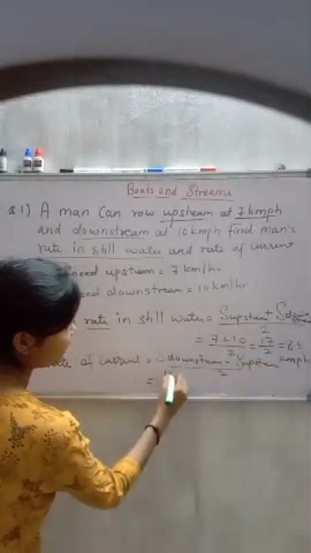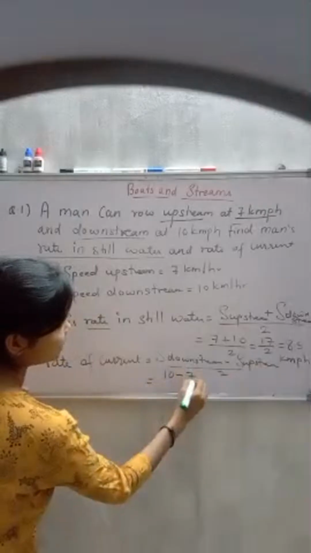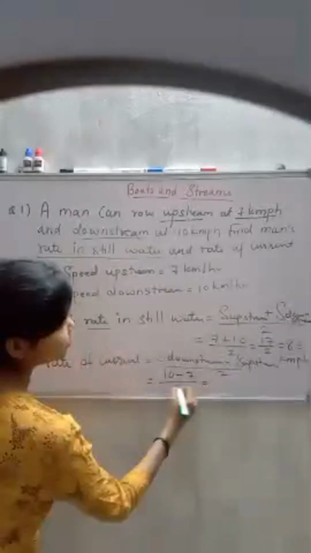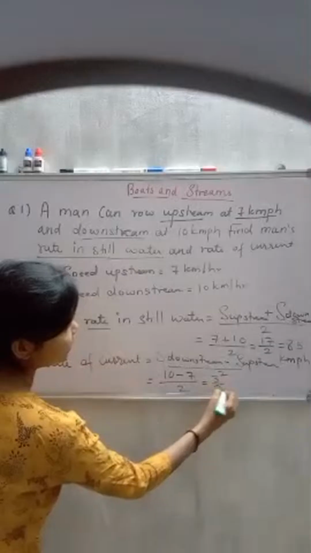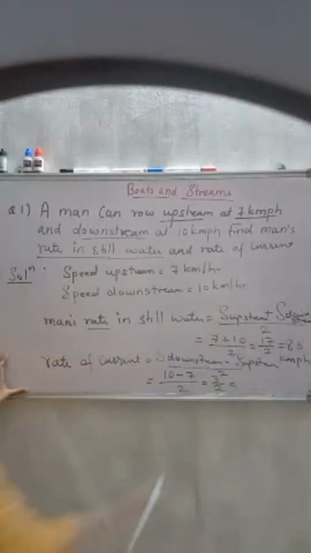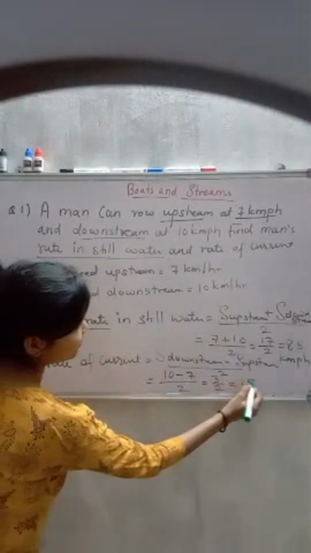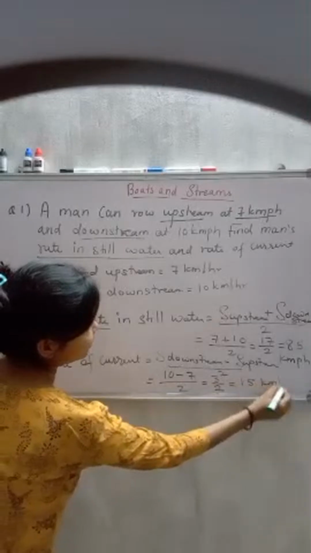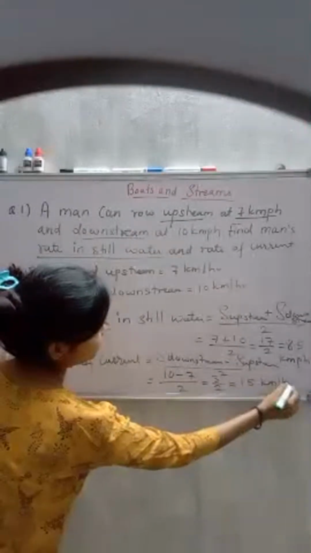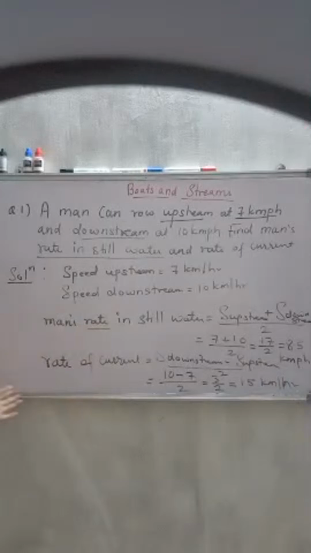Downstream 10 minus 7 by 2. 10 minus 7, 3. 3 by 2. Half of 3 is 1.5 kilometer per hour. So these are the solution.